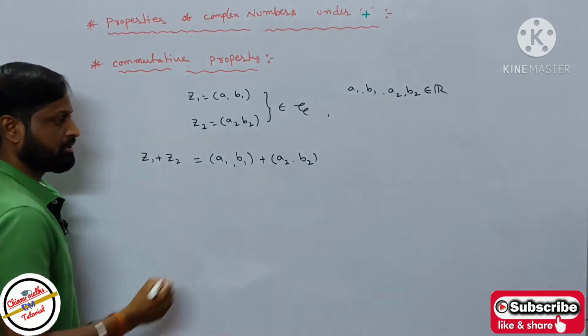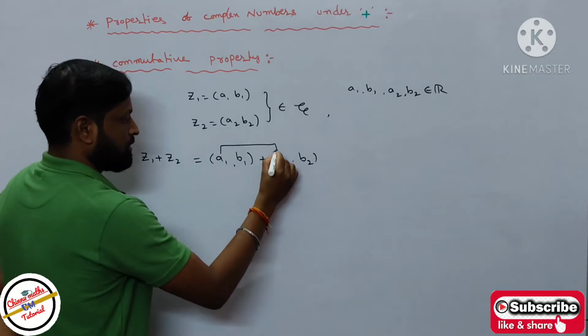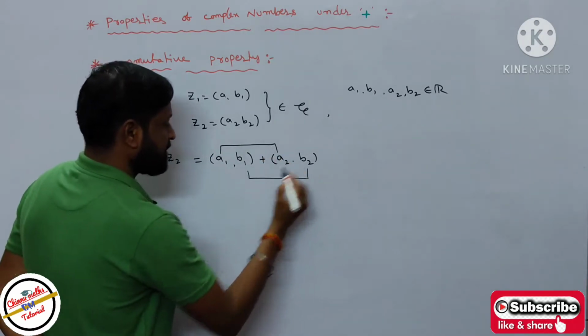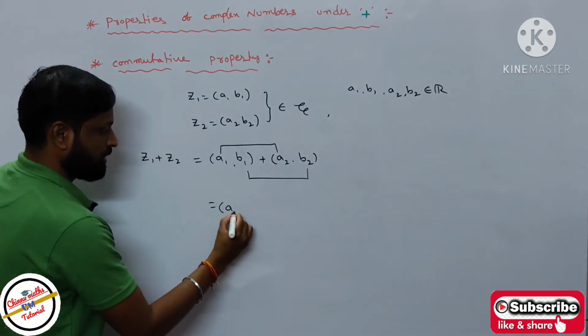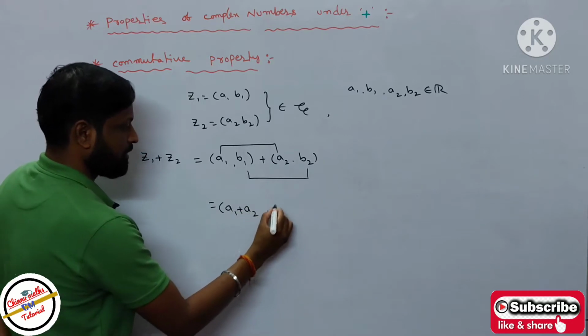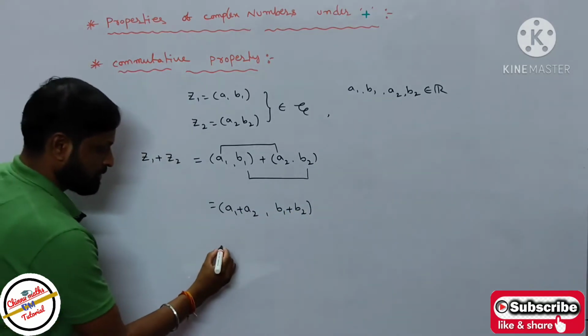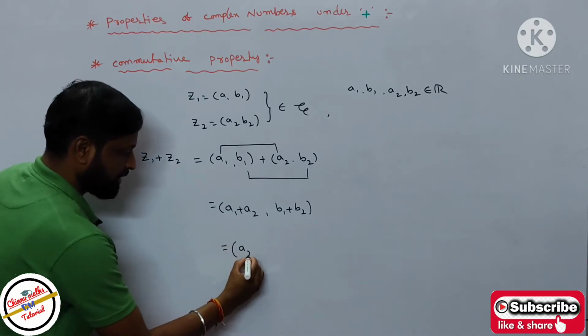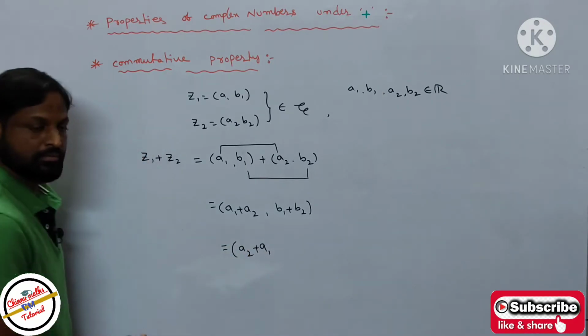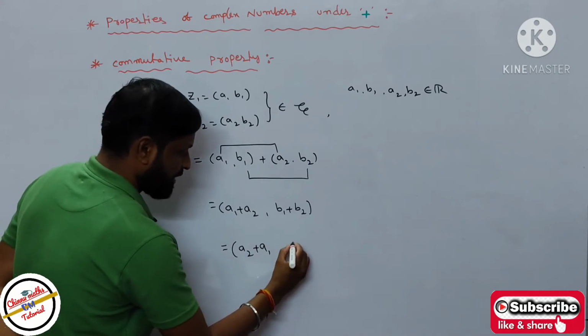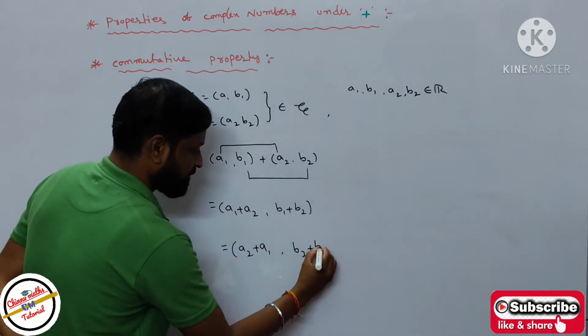So already we know that we add the real parts and add the imaginary parts, so that is equal to (a1 plus a2, b1 plus b2). Clear? So a1 plus a2 can be written as a2 plus a1, and b1 plus b2 can be written as b2 plus b1. Why?